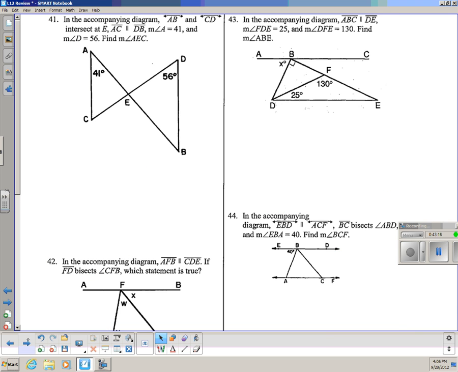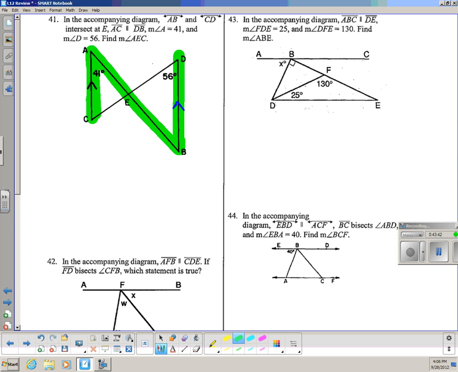Number 41, in the accompanying diagram, AB and CD intersect at E. AC is parallel to DB. So we have AC and DB parallel lines, and they gave us two angle measurements. Here, I can look for the Z to find my alternate interior angles, and there are actually two Z's that get formed. One Z is here, like this. So I have my elbows. Here's one elbow, and here's the other.